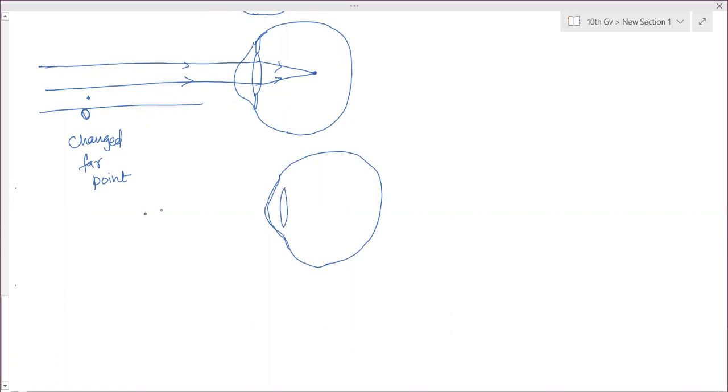The rays from this, when they are falling on the lens, they are converging on the retina. So only the rays from this changed far point are converging. Anything beyond O, the image is formed in between the lens and the retina. But for any object present at O, the rays are converged at the retina. So the image is formed properly.